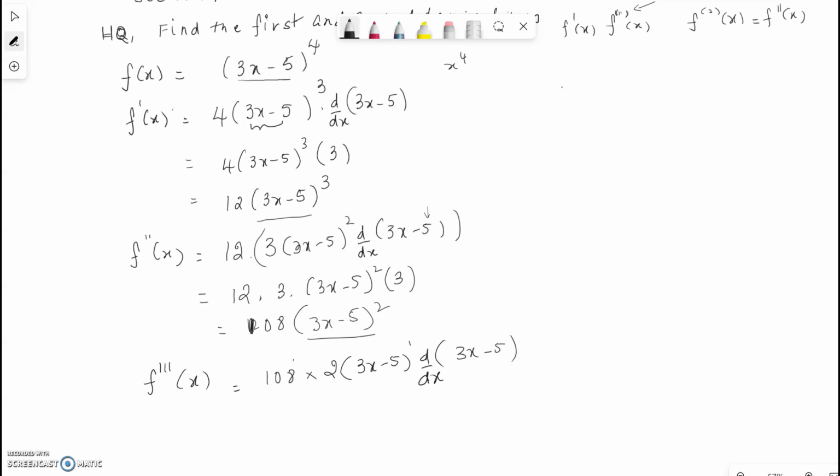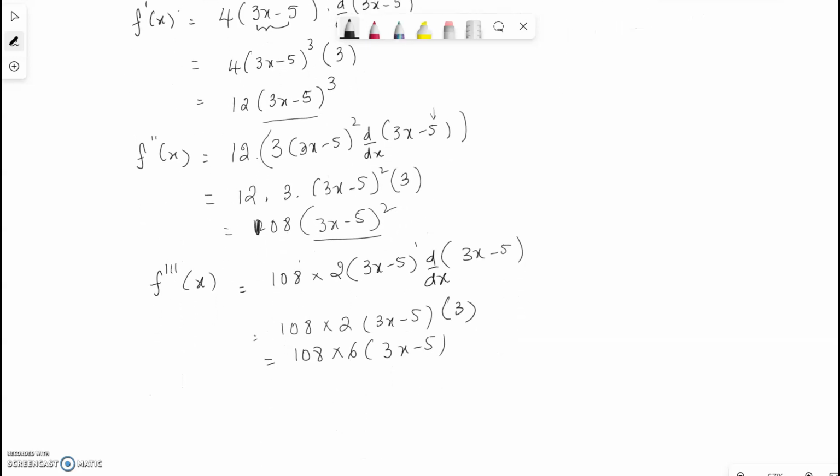It depends on the degree of the polynomial. So let's see. This is 108 times 2 times 3x minus 5 times the derivative of 3x minus 5, which is 3. So 108 times 6, we'll figure that out, times 3x minus 5.